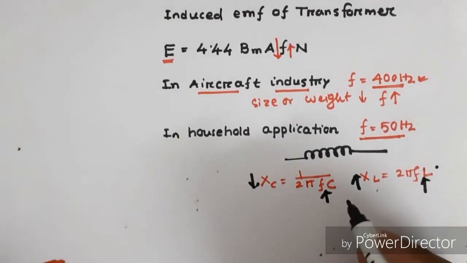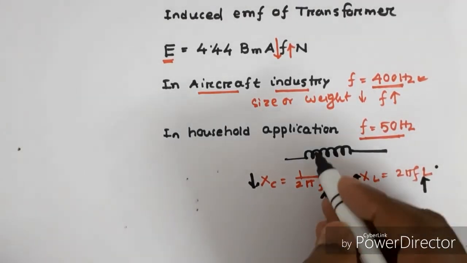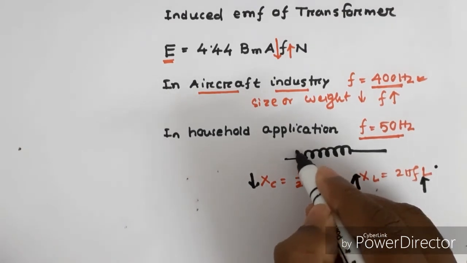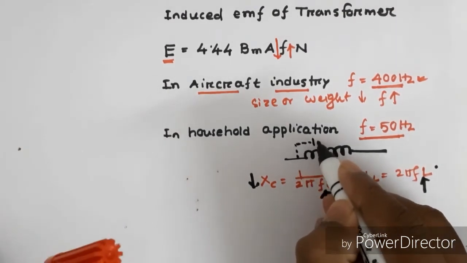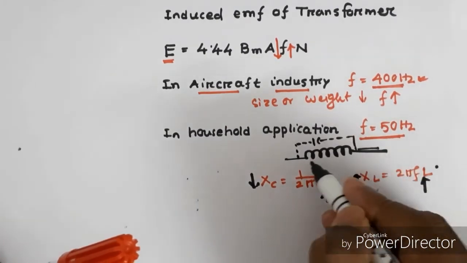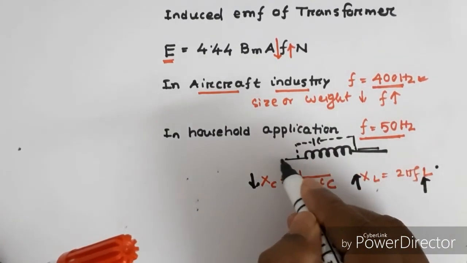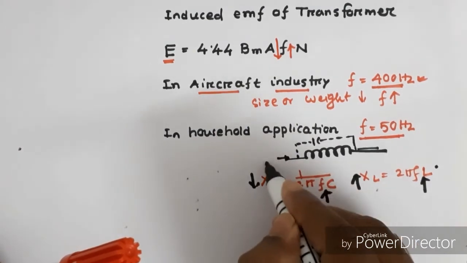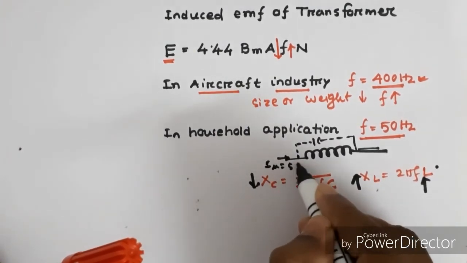If we increase the frequency very high, there will be interturn capacitance between the coils of the transformer winding. Suppose the magnetizing current I mu is 5 ampere.